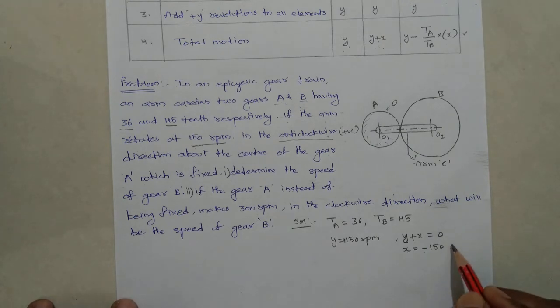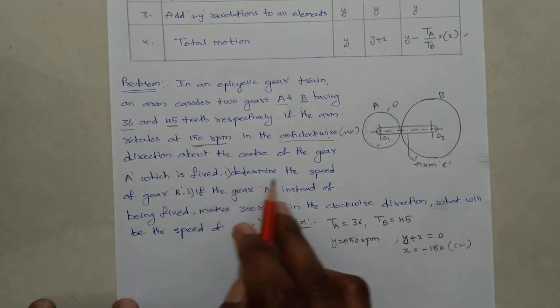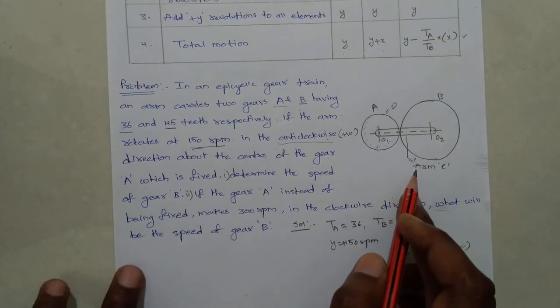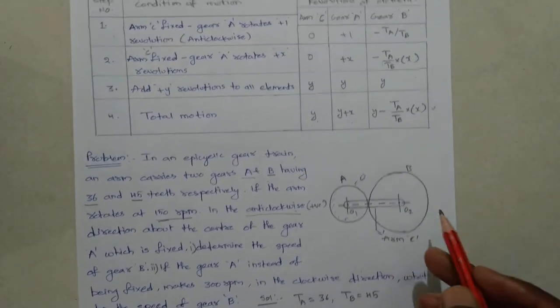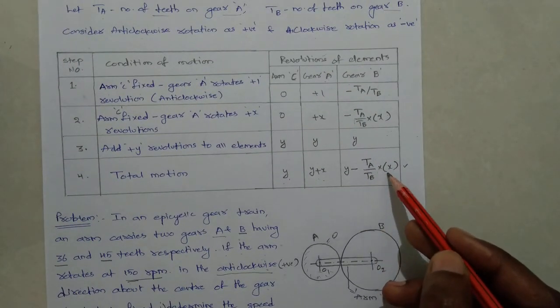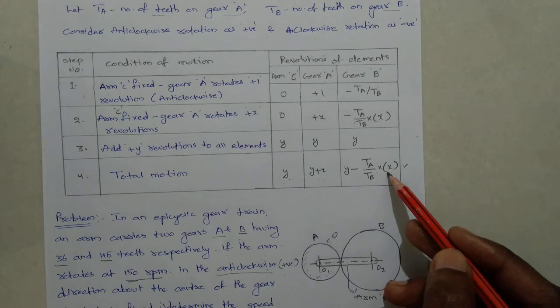So minus indicates clockwise. Next, what is the final thing we have to identify? Determine the speed of gear B. For finding the gear B speed, we have the formula, that is y minus TA by TB into x, right?